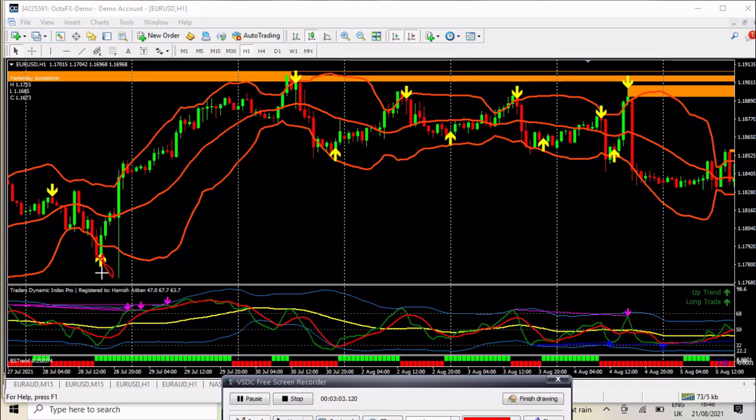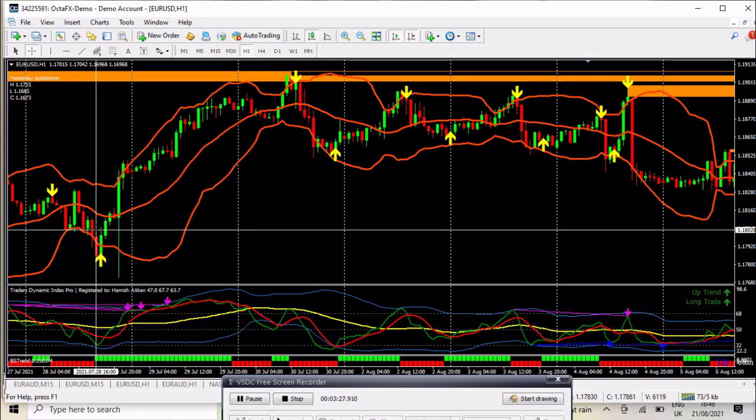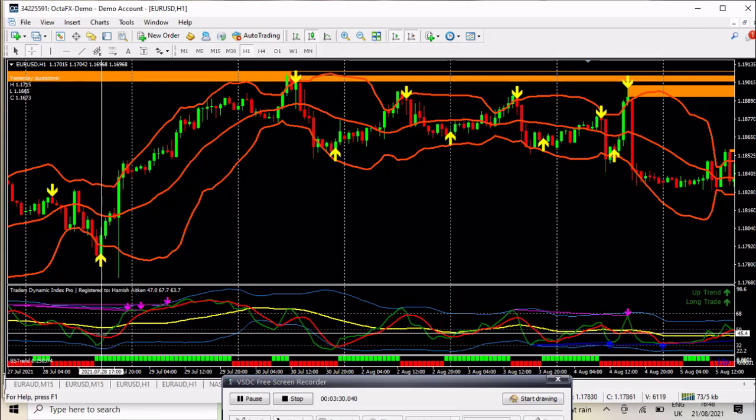Then we have our TDI in confirmation at this point, and the other indicator has confirmed this strategy. At this point, we are going to place a trade for a buy, because we have all the parameters in agreement.